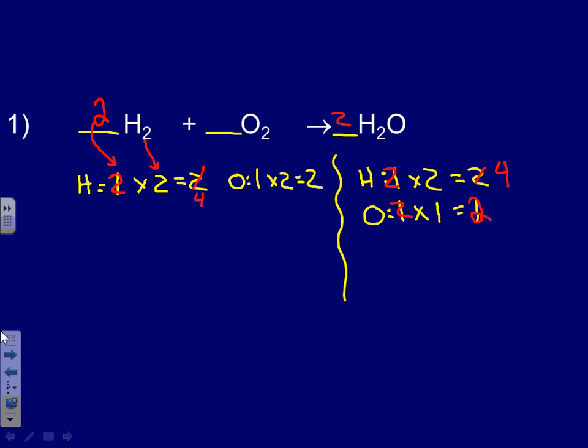Now I know that I've got 2 O's. I can do this calculation up here in my head. 2 times 2 is 4. Now I can go back to the other side and say, I need 4 of these. I know there's a 2 there that I can't change, so the only thing I can fix is the 2 out front.